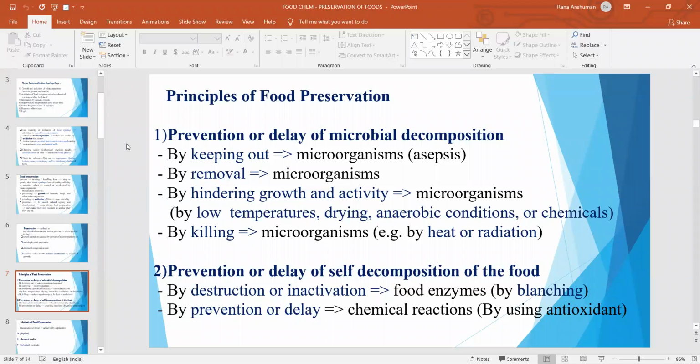This is the process in which food is kept for few seconds in boiling water in order to inactivate enzymes, which are basically proteinaceous in nature and get denatured because of treating in the boiling water because of high temperature. Next one is prevention or delay of chemical reactions by using antioxidants to prevent further oxidation causing rancidity.